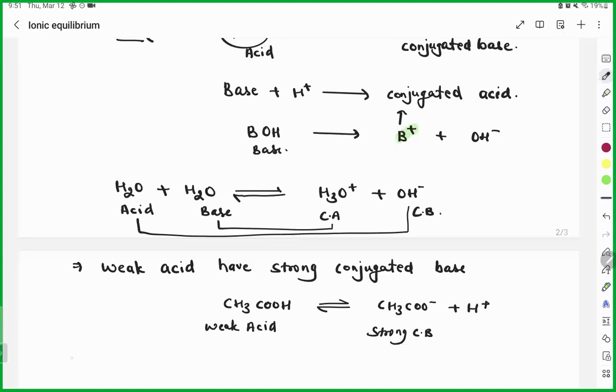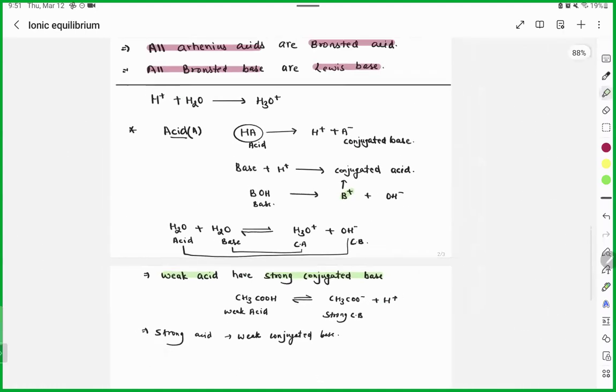Same way, a strong acid will have a weak conjugate base. A weak acid will have a strong conjugate base, and reciprocal. Got it? Any doubt, guys, in this?